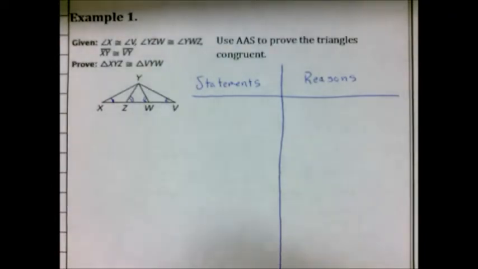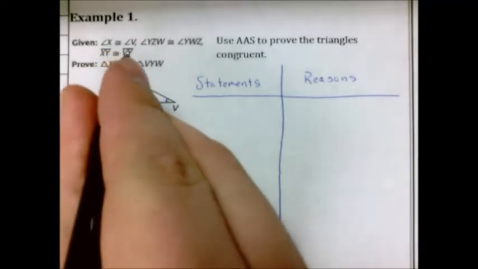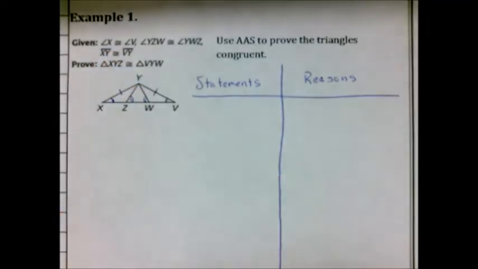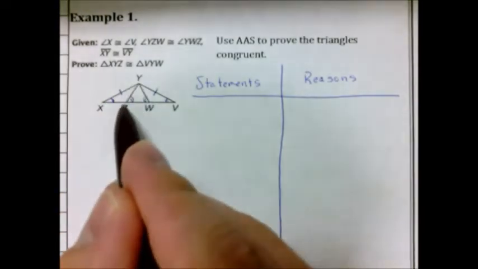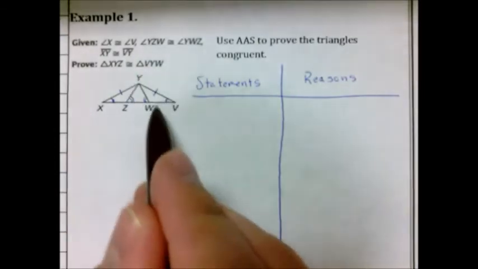And we're also given that line XY, that's this line right here, is congruent to line VY, so this line over here. And we're trying to prove that this triangle XYZ over here is congruent to triangle VYW.